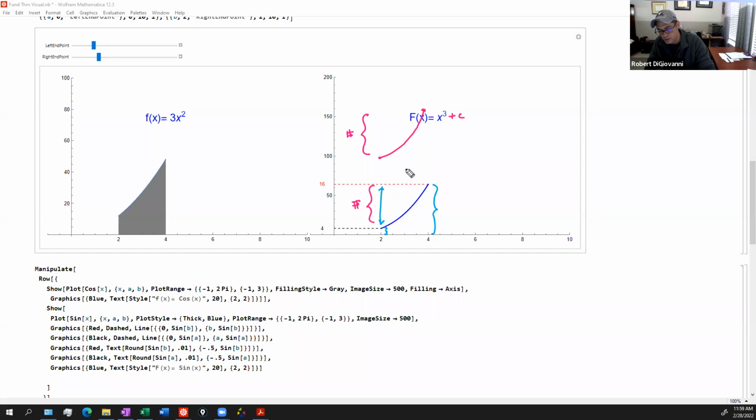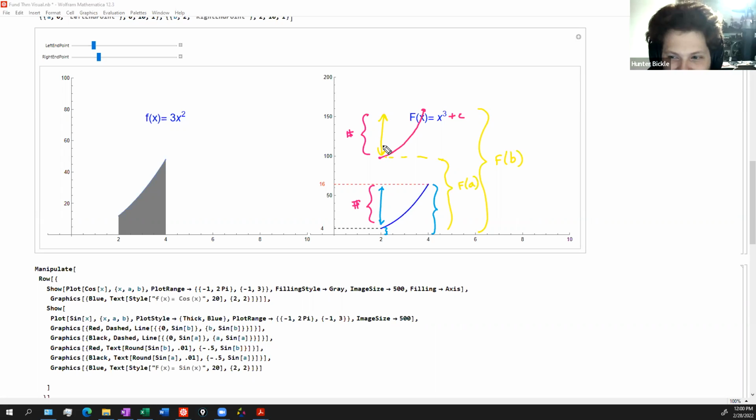If I do it on this one, it's here to here minus here to here, right? This is capital F of B, this is capital F of A, and their difference is still this, right? You still have the same difference because all you've done is moved it up or down. The C gets subtracted out and cancels. That's right. The C is insignificant.